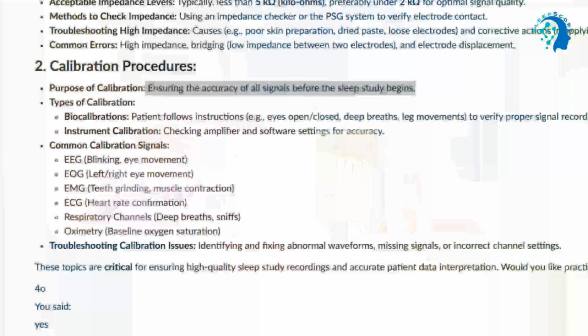But the calibration process is how we find out the electrodes are working well. Calibration is to make sure the signals are accurate. If the signals are not accurate, we cannot run the sleep study.